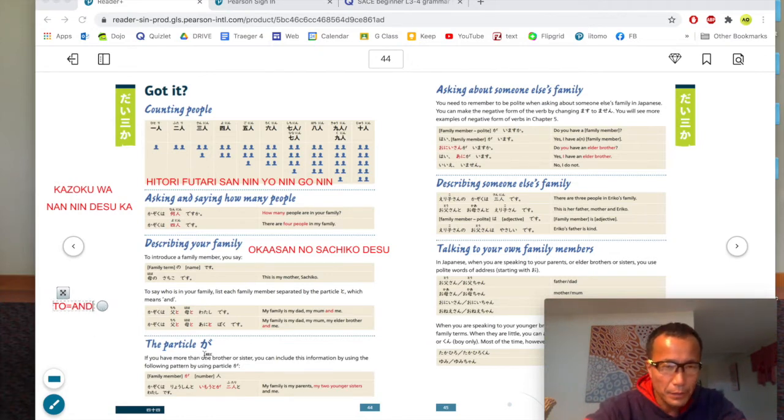And the next one is the particle が。Family member が counting people です。For example, 妹が2人です。Meaning I have two younger sisters.